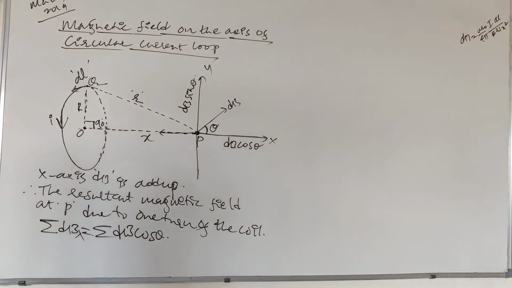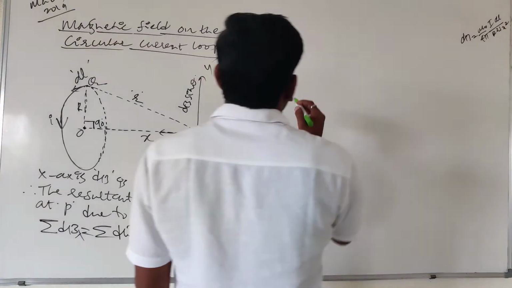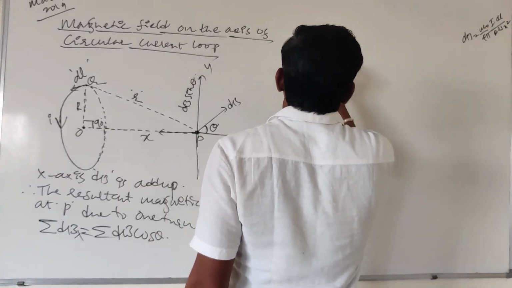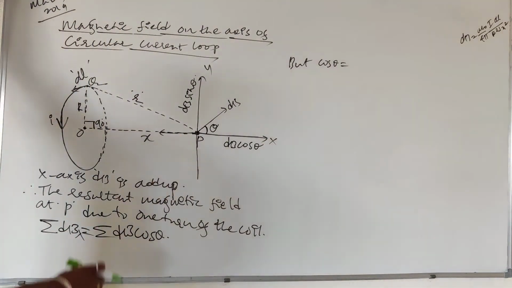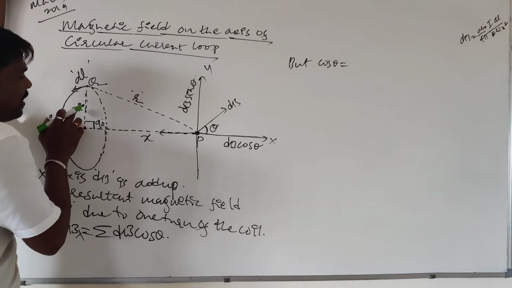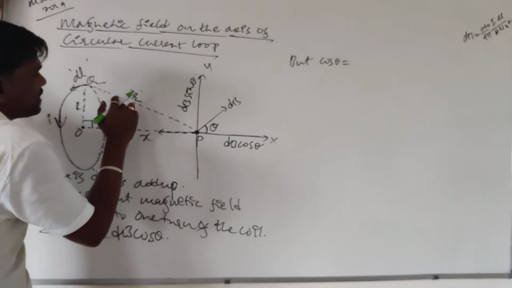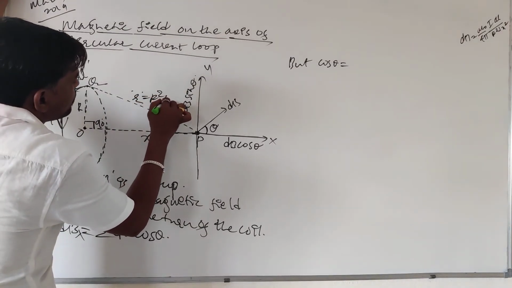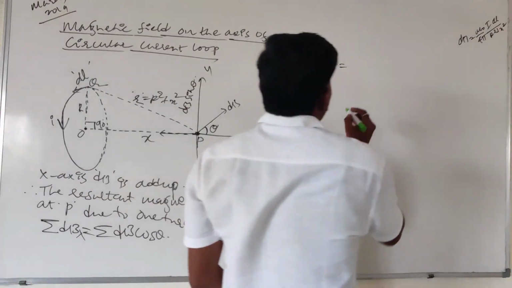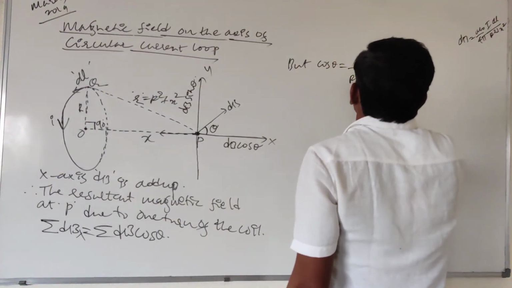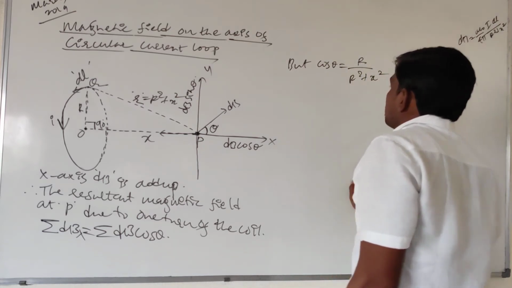So that is our equation number 1, right? But here cos theta is equal to what? It becomes r divided by the square root of r square plus x square.